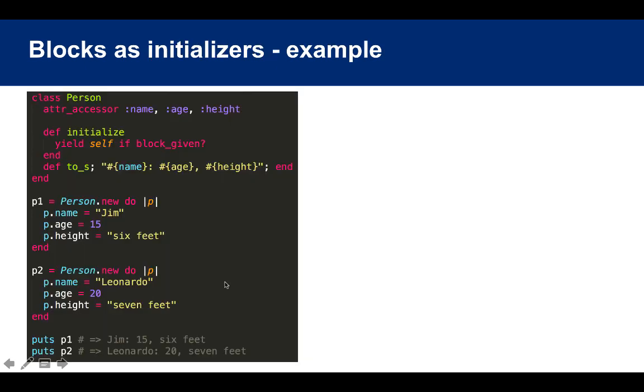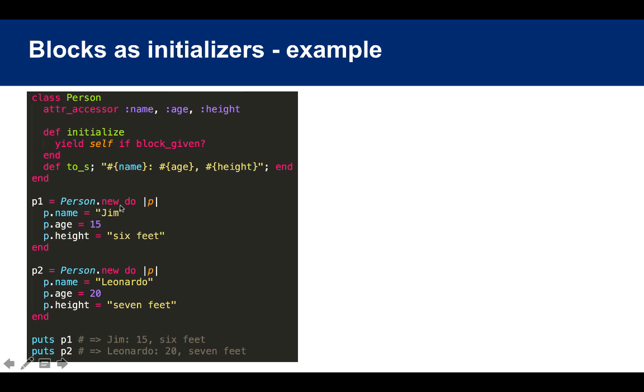How would you do this? Let's say you have a Person class, and in this case it has 3 variables, but it could have 5 or 10 variables. So what you could do is in your constructor you could say yield self, which is the instance that you're trying to create. If a block is given, yield self to a block. So this is what it ends up looking like.